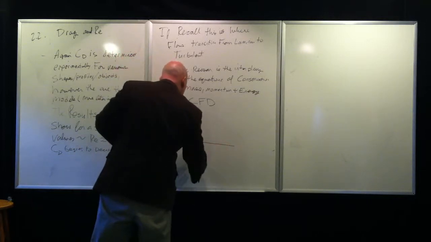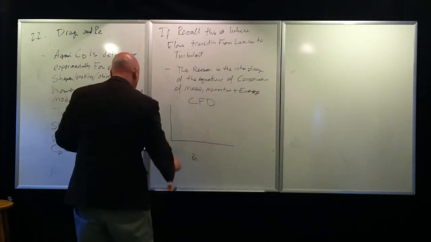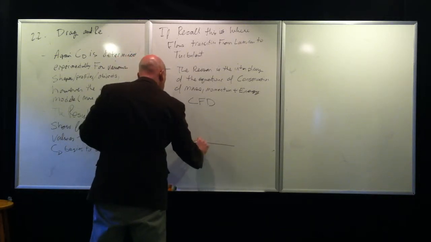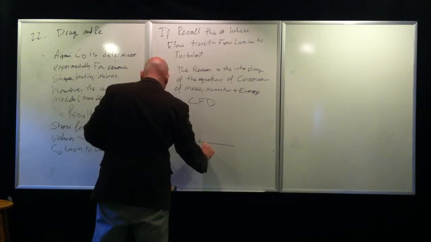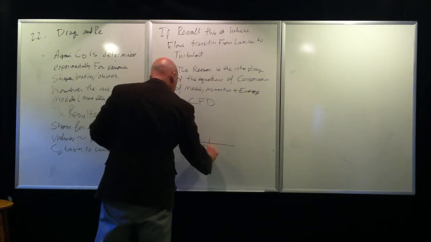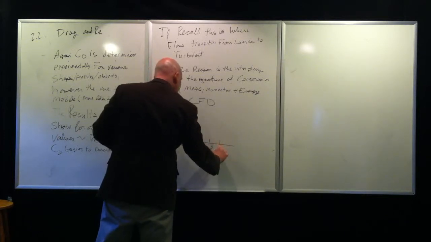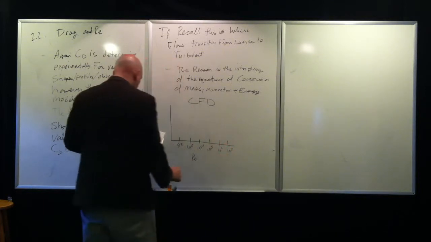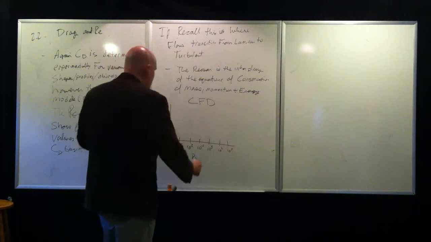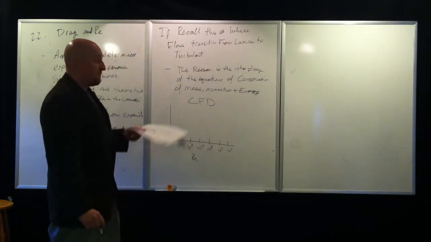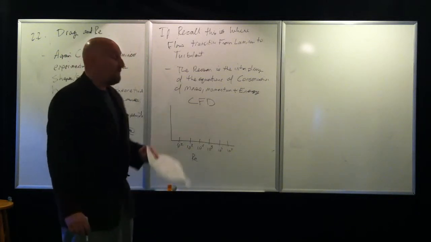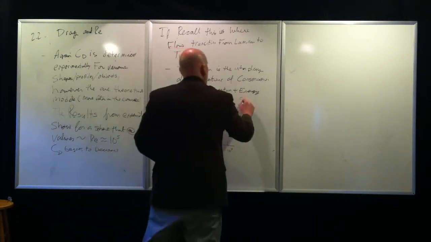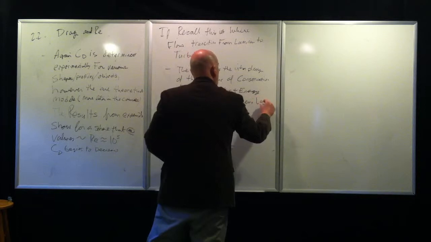So if we have a graph, and we have Reynolds number. So here we have values of Reynolds number. Now in your homework assignments upcoming, if you notice the scale on the bottom, this is going to be representing a semi-log graph.